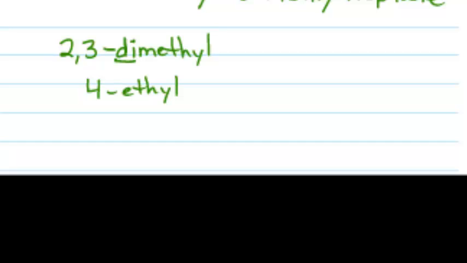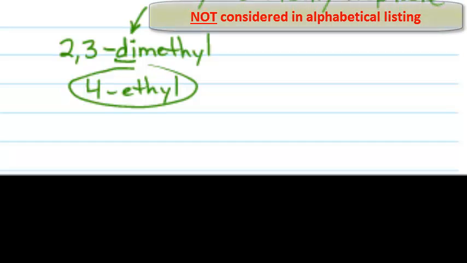Now, which one do I list first when I'm naming this compound? Alkyl groups are the same priority, so we just list out whichever one is alphabetically first. The one that is actually alphabetically first is the ethyl group. The prefix di does not get considered alphabetically.